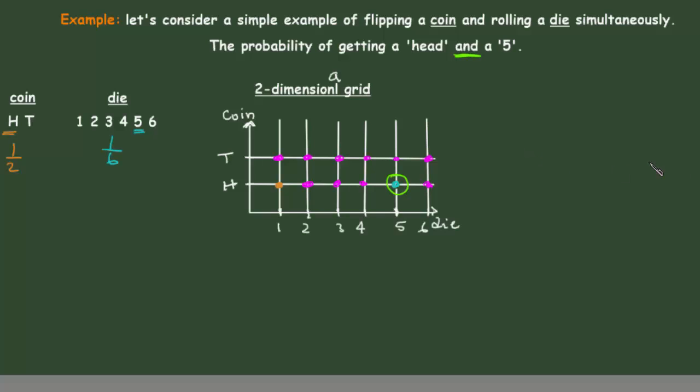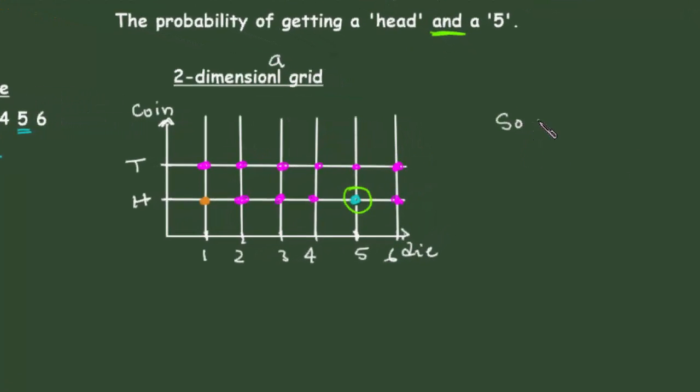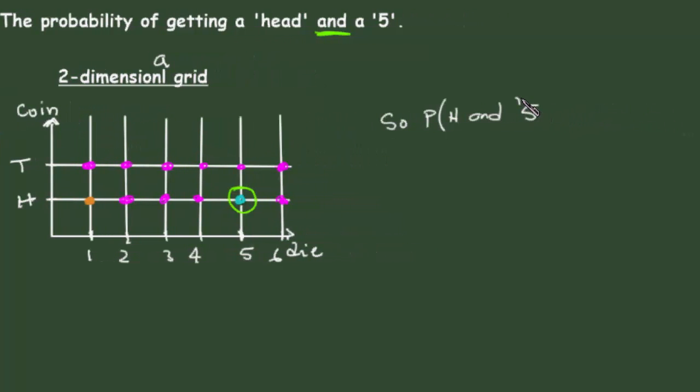So our answer will be, let us say the probability of having a head and a 5 equals 1/12, and this is our answer.